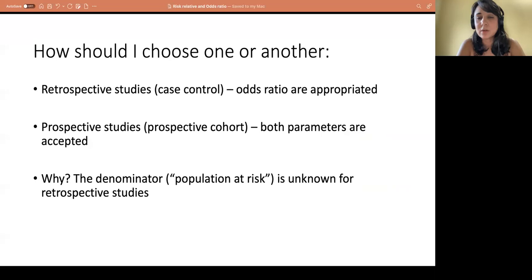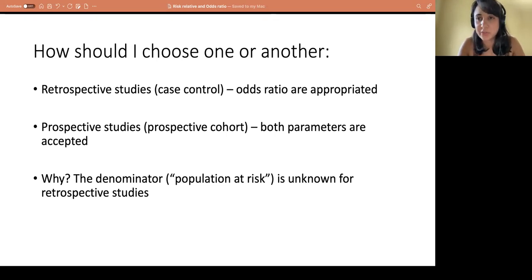And we should reflect, how should we choose one or the other? The first thing that you realized was that the denominator is different. Sometimes we don't know the population at risk. If you don't know the population at risk to develop the disease, you can only use the odds ratio. And this is the case for retrospective studies, particularly case control studies.